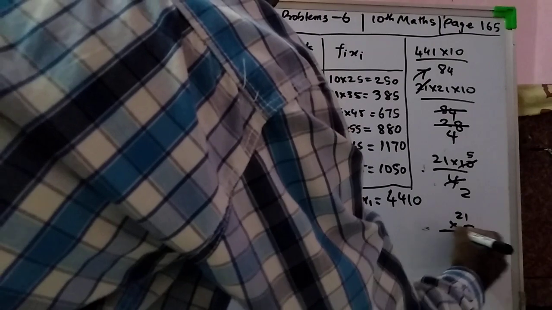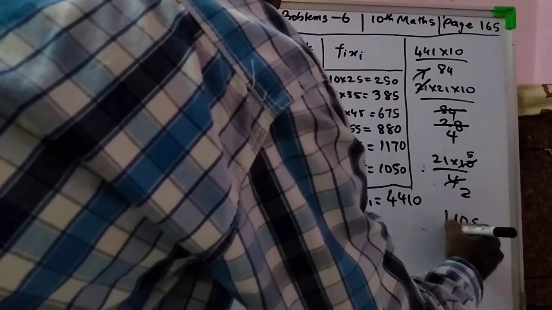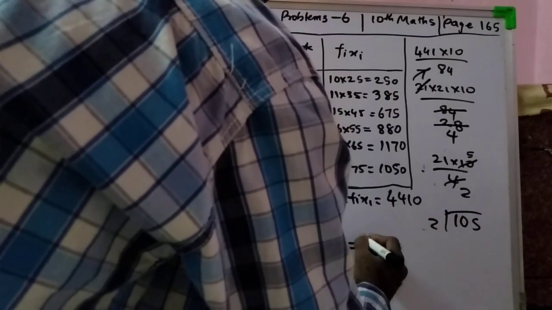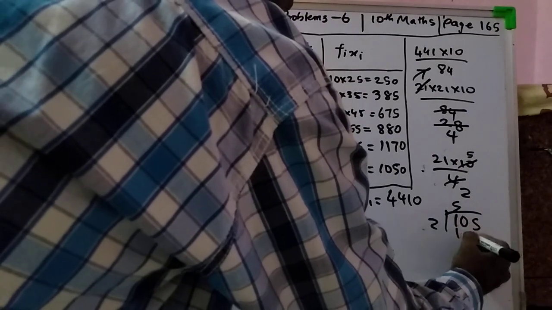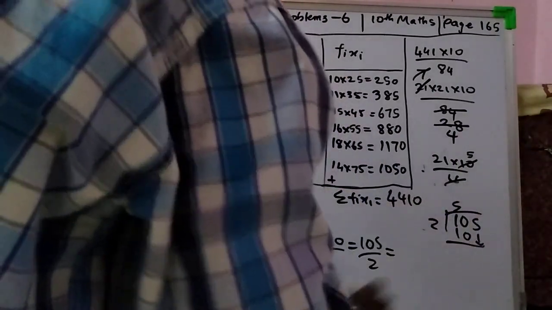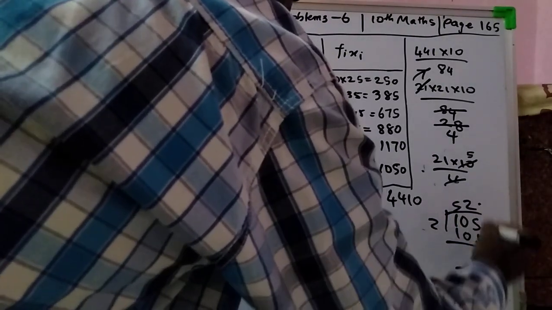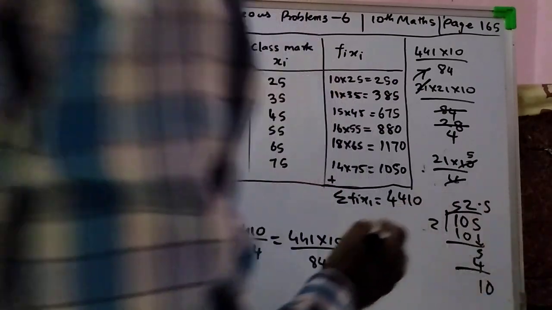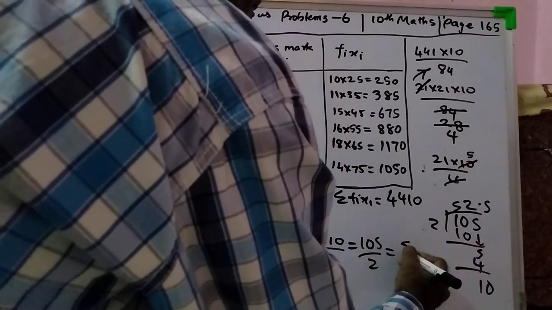Calculate 21 into 5: 105. So 105 divided by 2. Bring it down, you get 52.5.